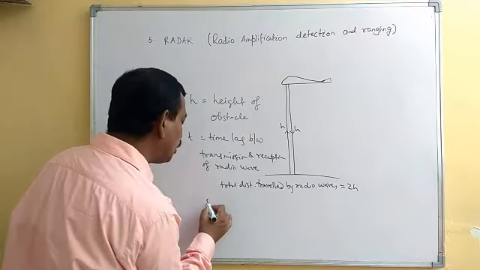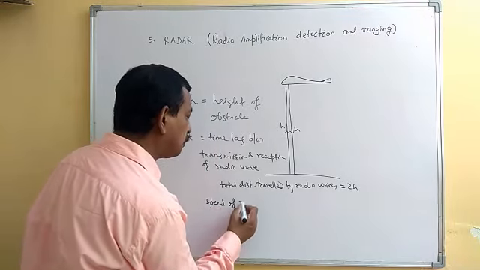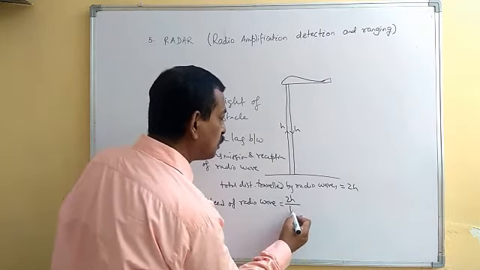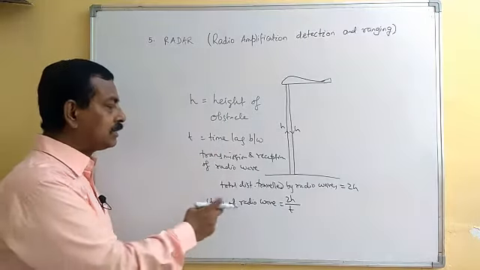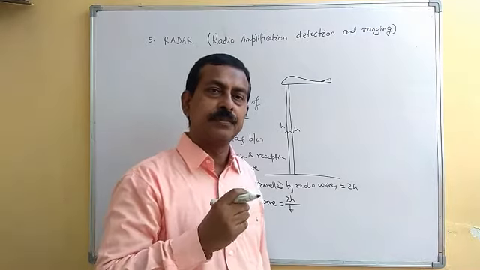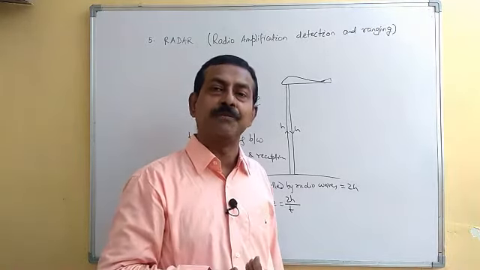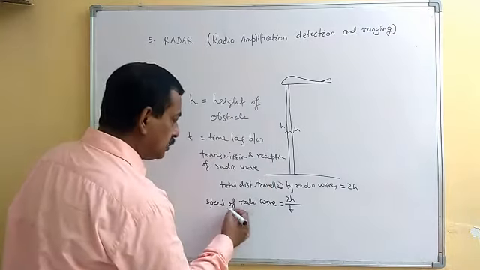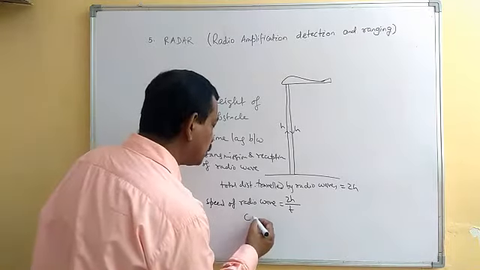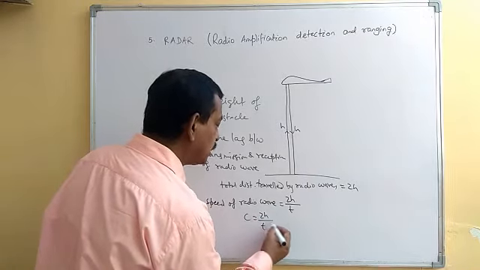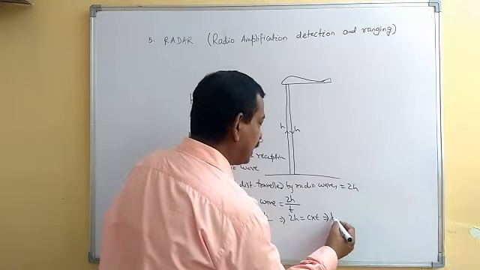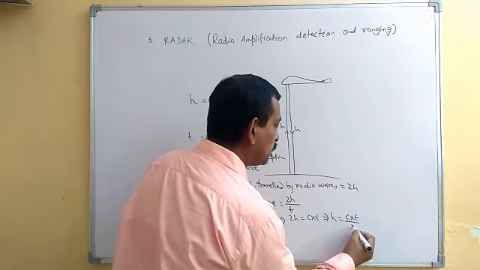So the speed of radio wave will be equal to 2h by t, and all electromagnetic waves in space or in vacuum travel with the speed of light. So this radio wave, as it is also an electromagnetic wave, its speed will be c. This is your 2h by t, and 2h is your c into t, and that implies h is equal to c into t by 2.